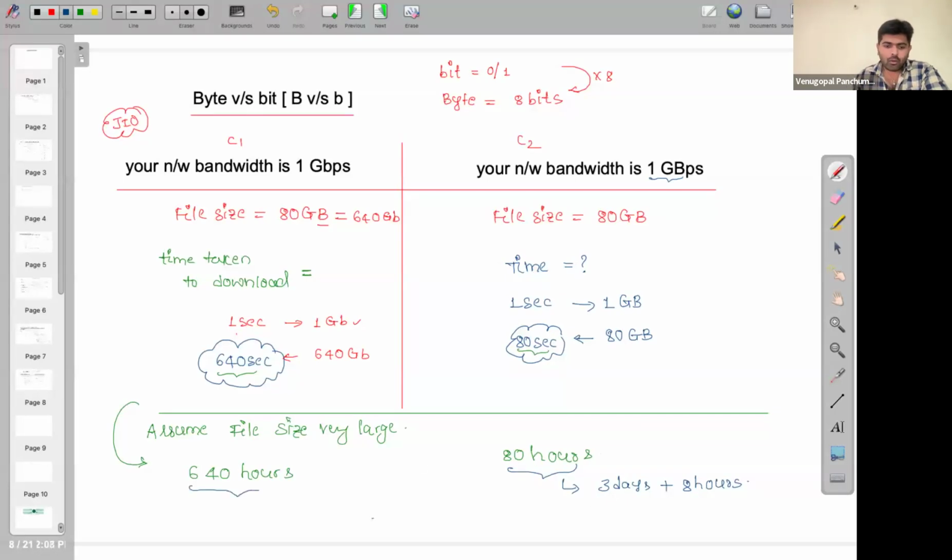Whereas how many days are required here? 640 divided by 24, how much? Approximately 25 days.